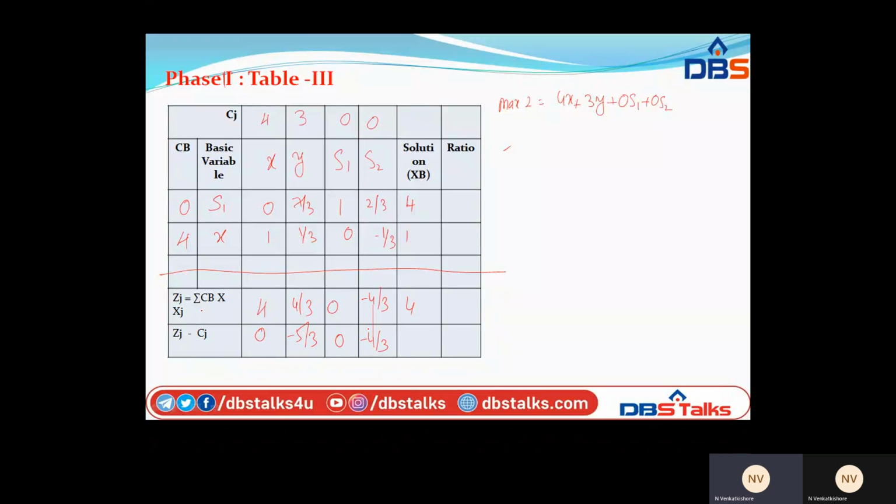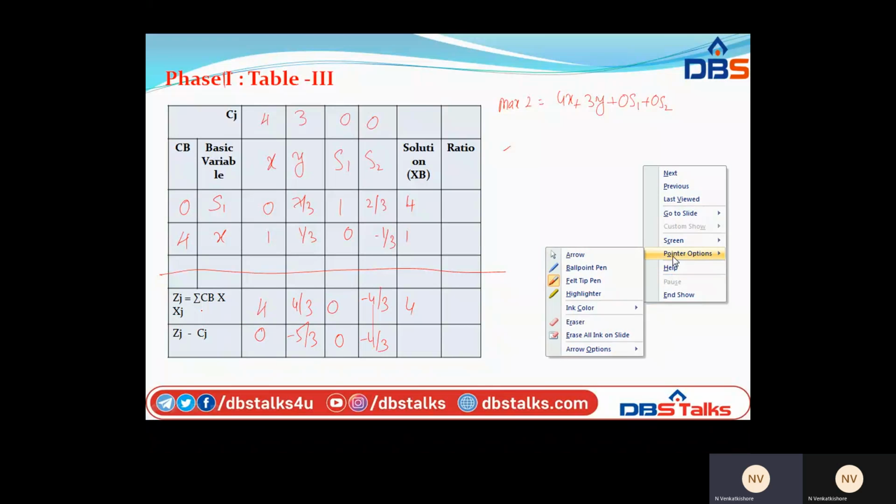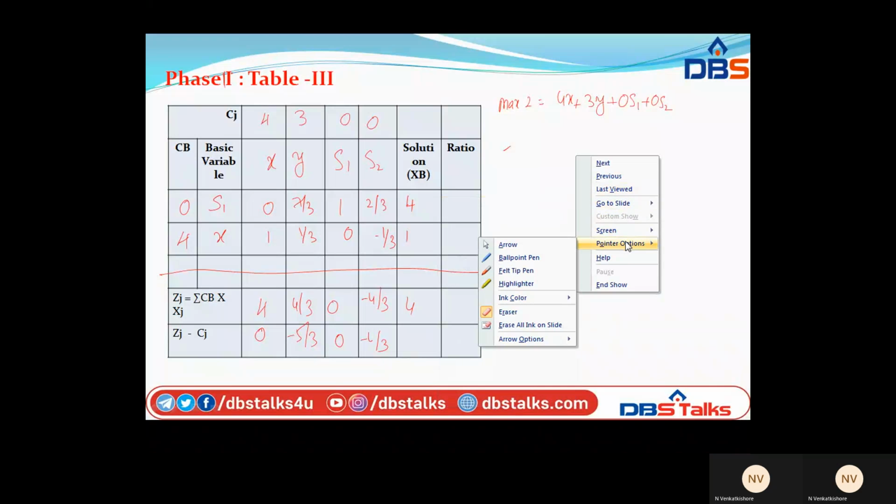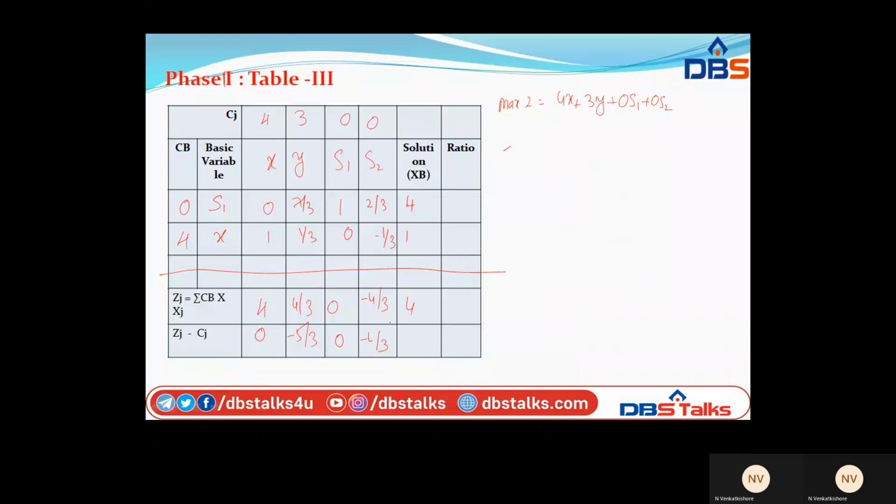So in this case, we are having Zj minus Cj.